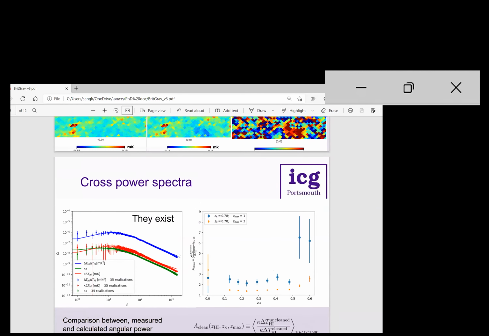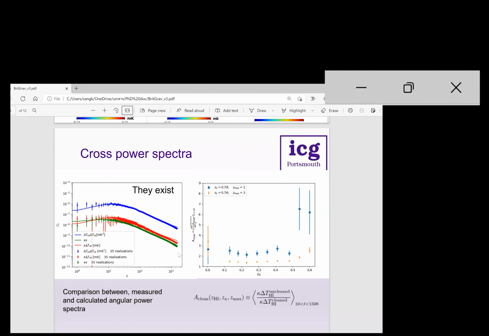Then I measured the two-point statistics, and even when we apply the foreground removal technique, which could remove the signal between H1 and kappa correlation, we can still see the signal of such correlation, which is the red curve in the left side panel, as you can see here.